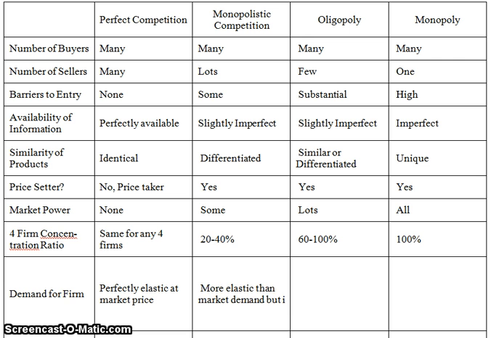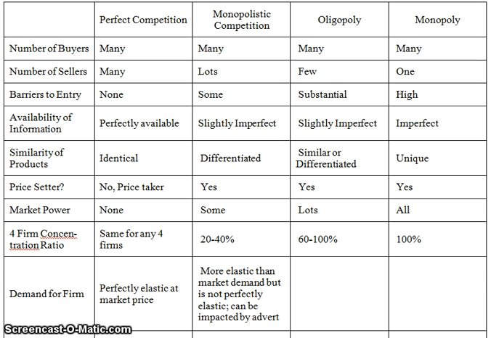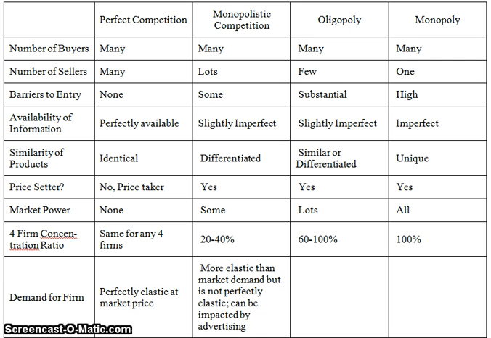But it is still not perfectly elastic, like it is in the case of the perfectly competitive firm. And the height of this demand curve can be impacted by advertising. So the better their advertising, the more they might be able to draw people to their firm as compared to others.